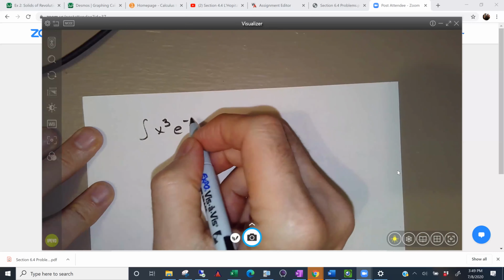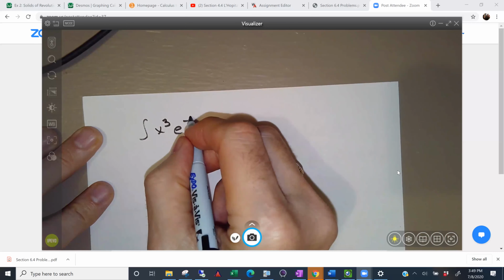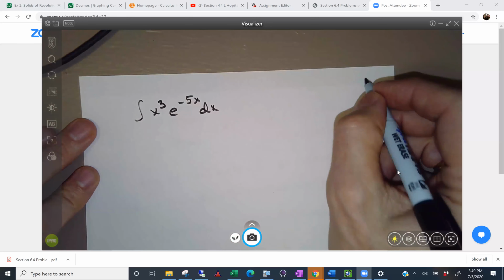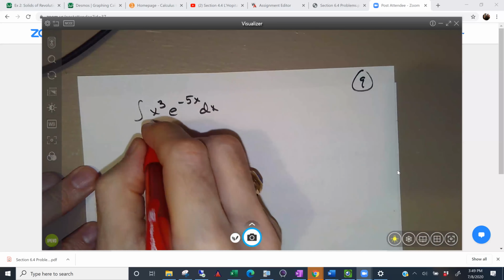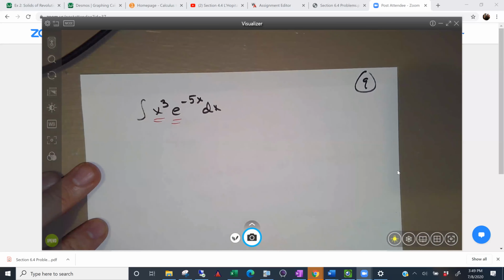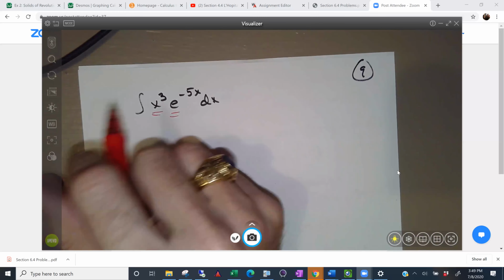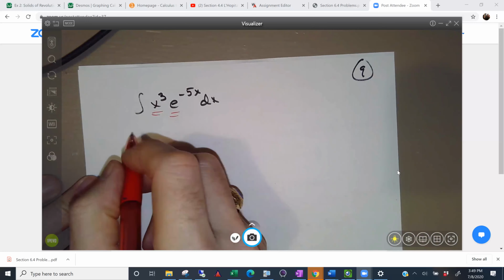Someone throw out a small constant for me. And we'll do 5. All right, sorry, I got that too late, but I'll use it the next one. 9 here. So this is a polynomial times some function of e. That's a good one for our table method.